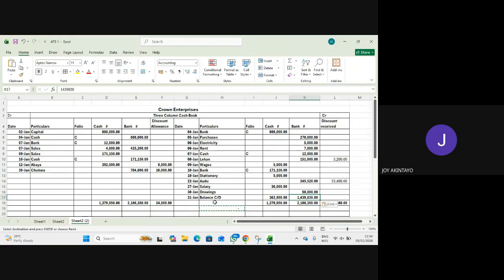The only thing we will not do here is to look for the difference between our discount allowed and discount received. What we do here is we open our discount allowed account and then we post this cumulative.